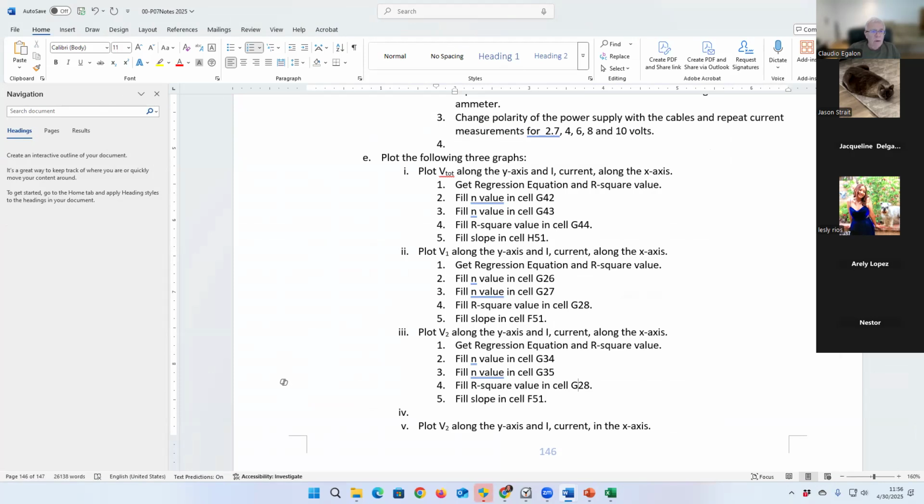Fill the regression equation here too: 34, 35, 36. And then this one should be G here, like that.